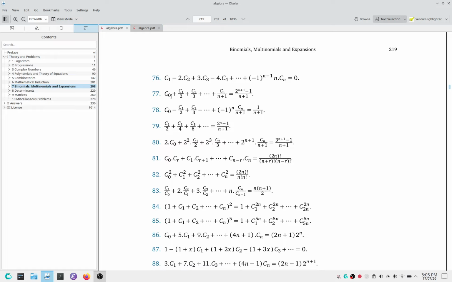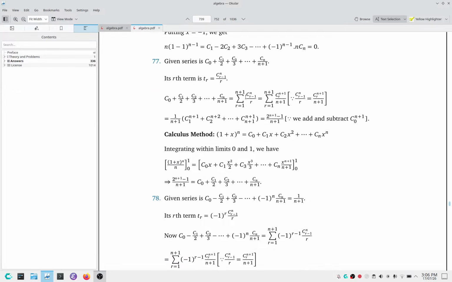Question 77 says that we have to prove that c0 plus c1 by 2 plus c2 by 3 and so on up to cn upon n plus 1 is equal to (2^(n+1) minus 1) upon n plus 1. So here the general term is C(n, r minus 1) upon r. Now we sum this general term from r is equal to 1 to n plus 1.